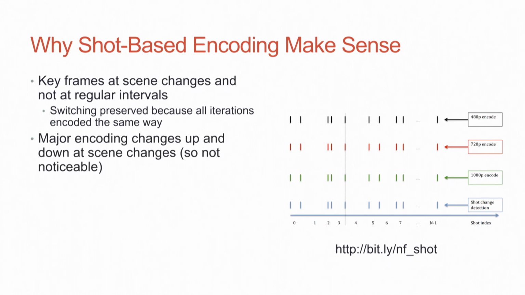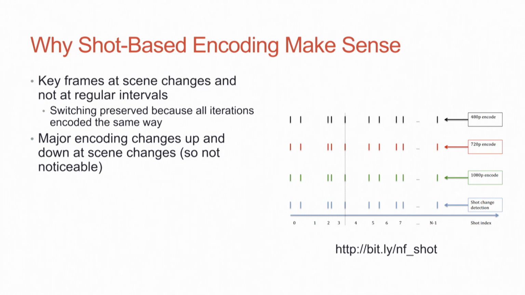So major encoding changes are made at scene changes. So if you're going from a chase scene that you want to encode at 6 megabits per second to a close-up of the hero that you want to encode at 2 megabits a second, you're making that change on the scene boundary. You're not making it at an arbitrary keyframe within either of those scenes.